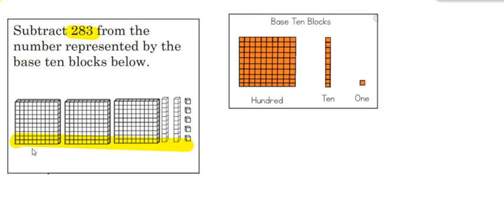So, by looking at the chart, I can immediately tell that this flat right here, that is the value of what? 100. Good job. And then I have another one right here, and that equals to 100. And I have another one, and that equals to 100 as well. But now I realize that I no longer have those flats. I have these ones right here, which is a rod.